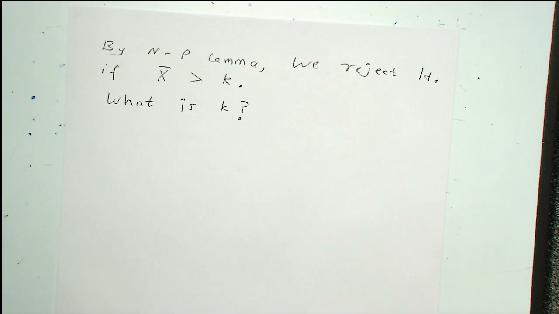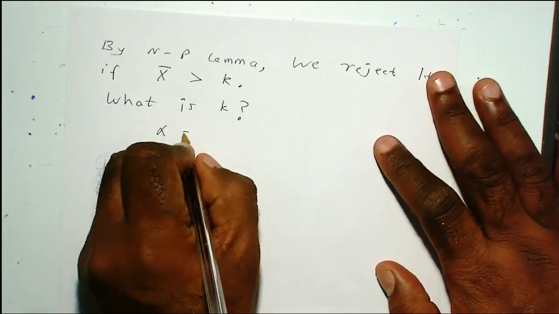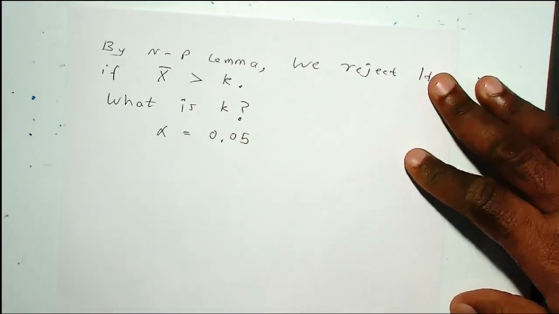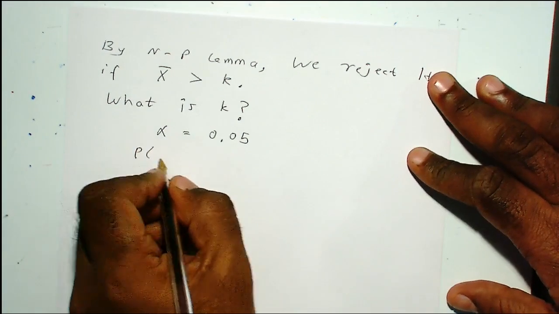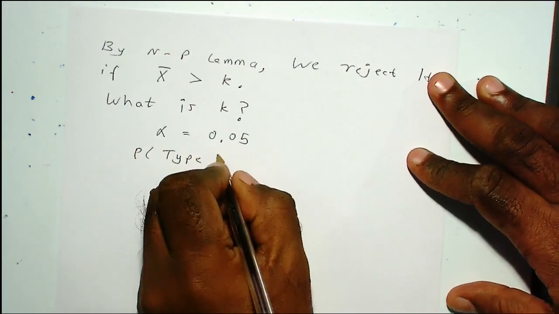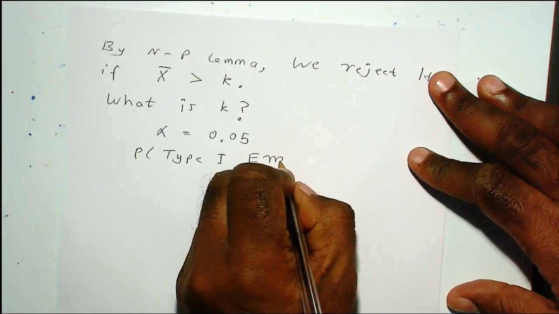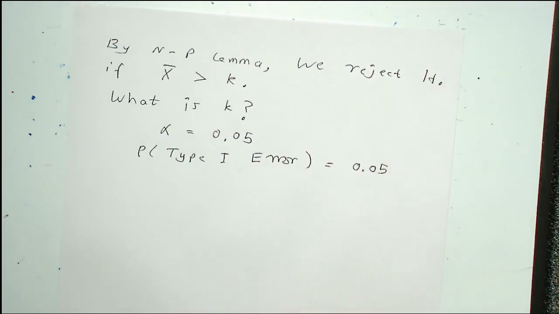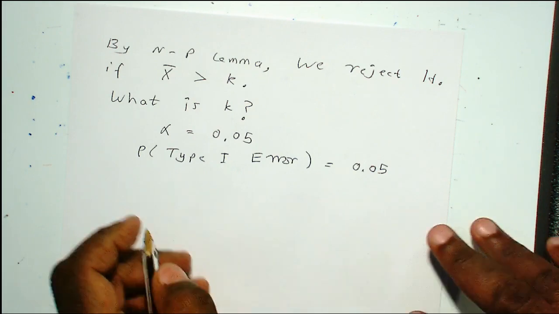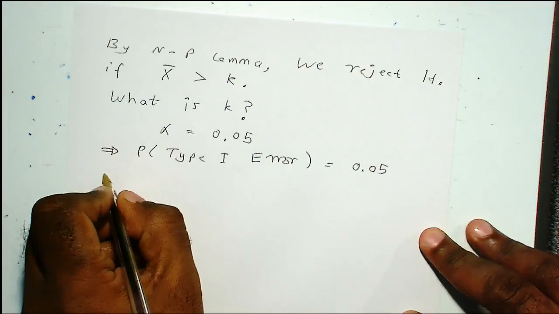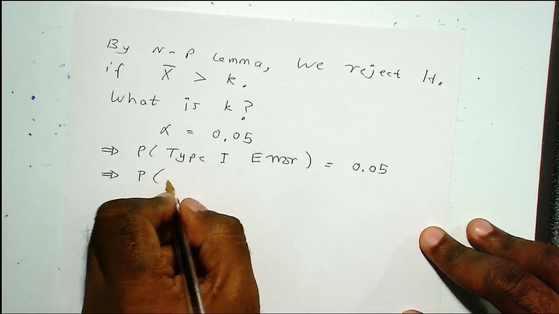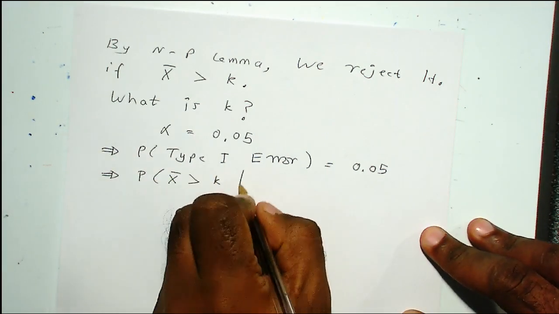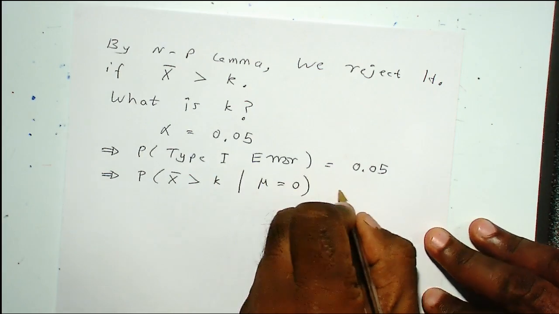So we are told that alpha is 5%, which means that the probability of type 1 error is equal to 0.05. Now remember, type 1 error is the probability of rejecting the null hypothesis given H0 is true. So this is the probability that you reject, which is x bar greater than k, given that mu is equal to 0.